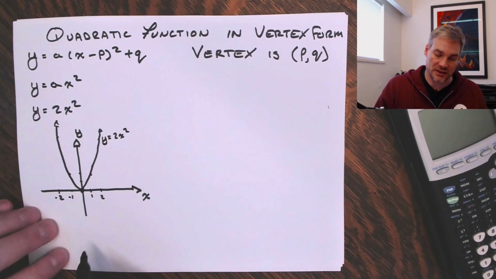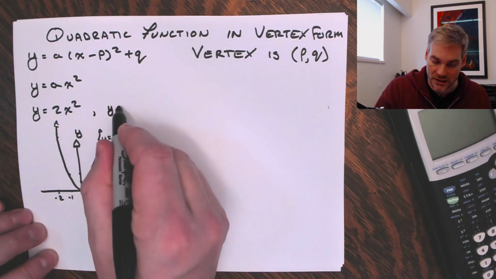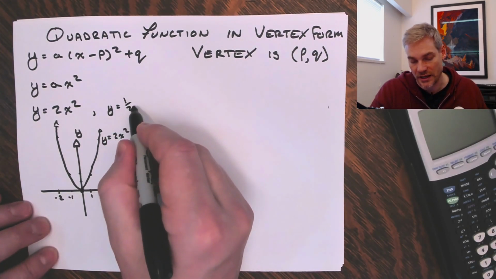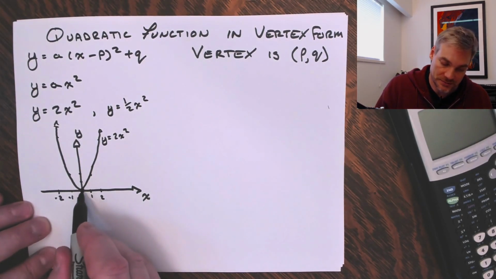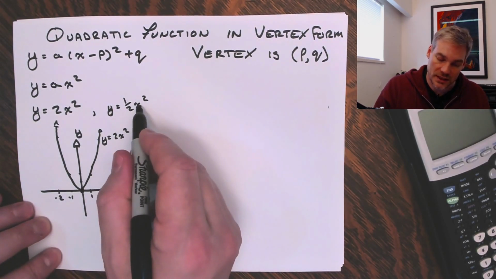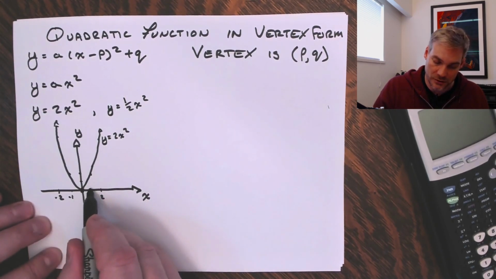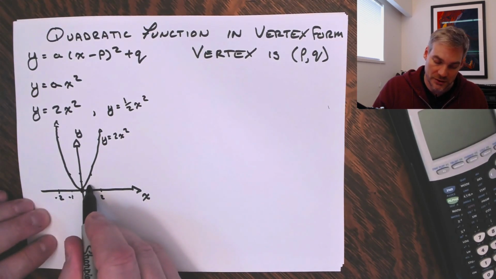Well, what happens if we have another graph, y equals 1 half x squared? In this case, the x squared value is halved. Here it was doubled: we went over 1, up 1, but doubled, so we went up 2. So if we go over 1, we're going to go up half.